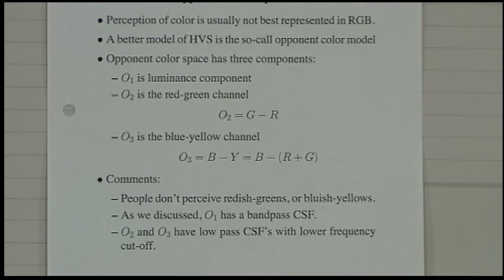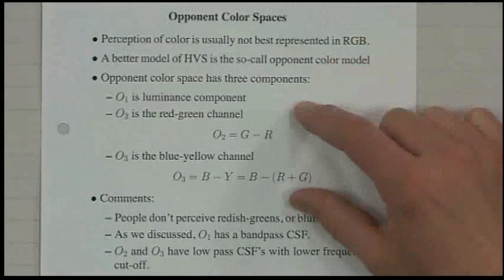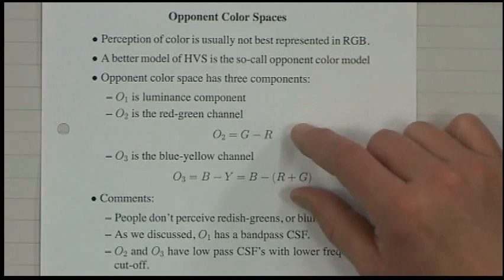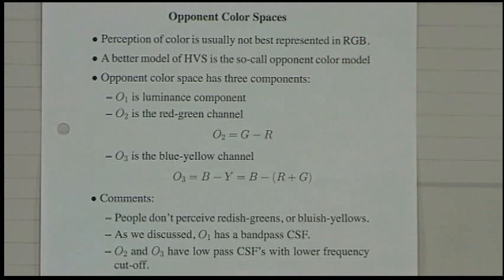Now it turns out that the color transform that puts you into this opponent space isn't completely invariant to everything. It can depend on a lot of things, such as your adaptation, which could depend upon the illuminant, or all kinds of complicated things. But there are some nominal transformations that put you into an opponent color space, approximately.